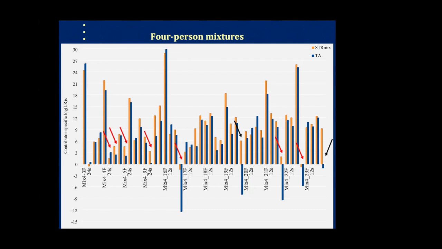And then for mix 23F, which I'll talk a little bit more about later, STRmix generated a log LR of 9, or 1 billion times more likely, and TrueAllele came back with a small inconclusive but negative log LR. All right, next slide.